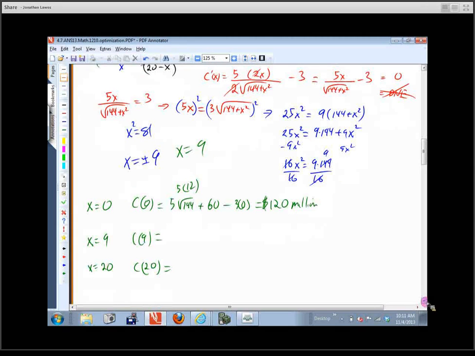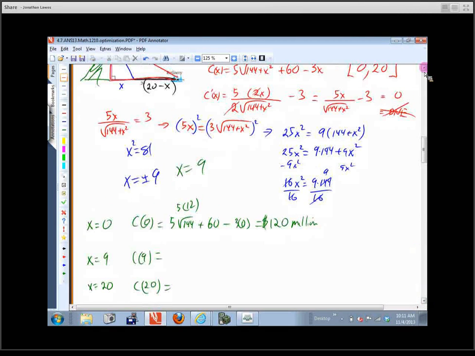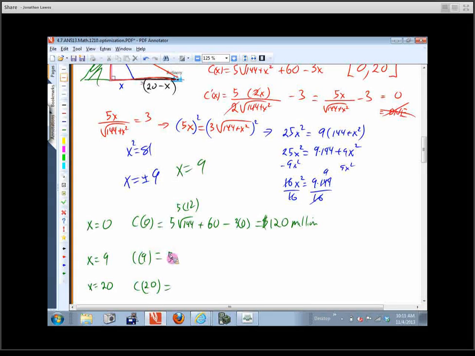Okay. So let's check and see what we get when we plug in a 9. So this is going to be 5 square root of 144 plus 9 squared, plus 60 and then minus 3 times 9. So remember, this is the underwater pipe. So we're going to have more underwater pipe, but we're going to get to subtract off some costs there for that land-based pipe.